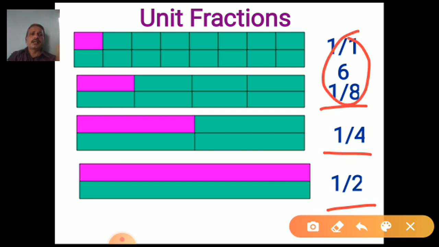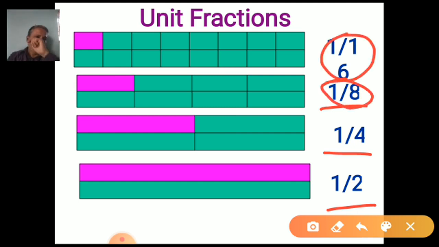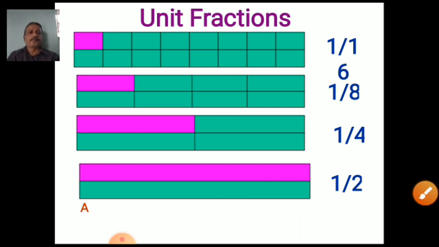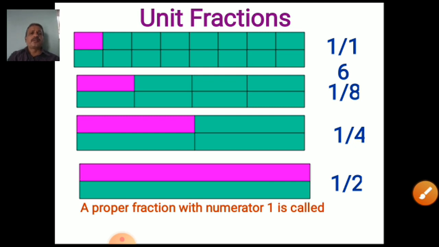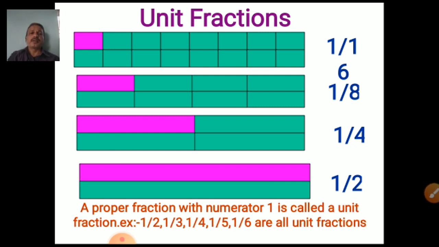Here 8 parts are there or 10 parts are there. Here you can find out, here 16 parts are there. This is 1 upon 16, students. Be careful. This is 1 upon 8 and this is 1 upon 16. This is the 1 upon 16 part selected. Good. A proper fraction with numerator 1 is called a unit fraction.